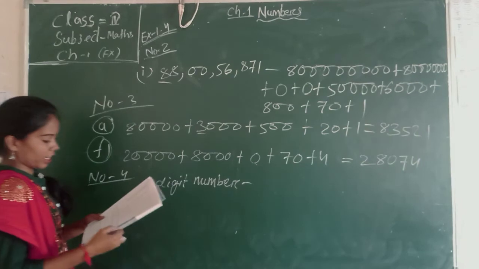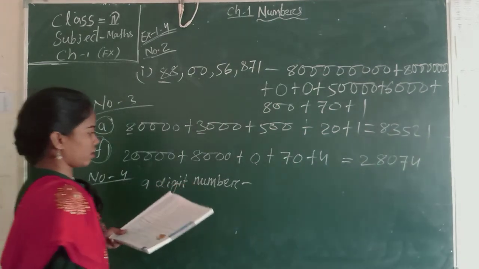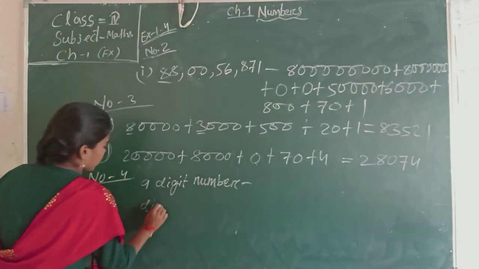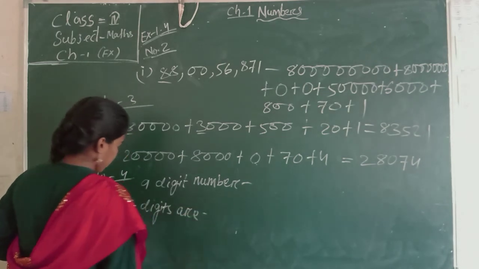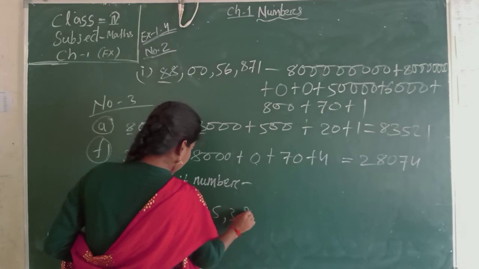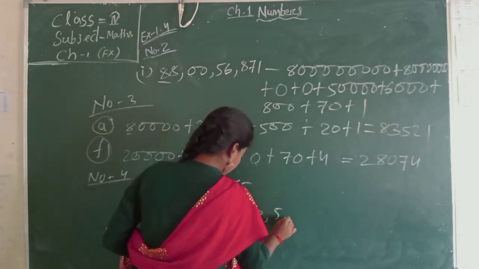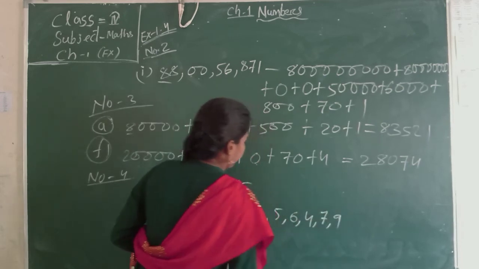Okay. So here the digits are 5, 3, 8, 2, 5, 6, 4, 7 and 9.